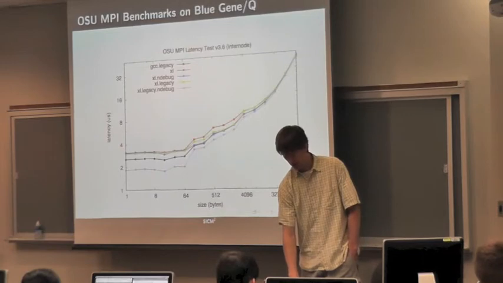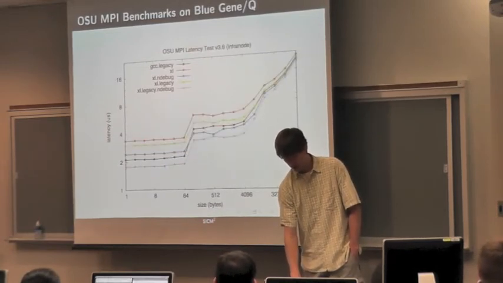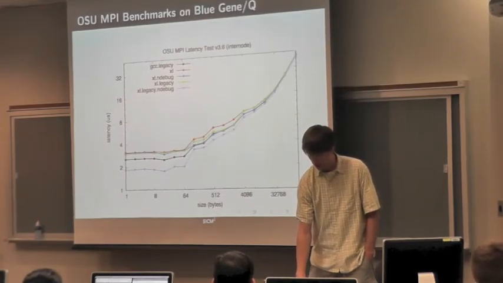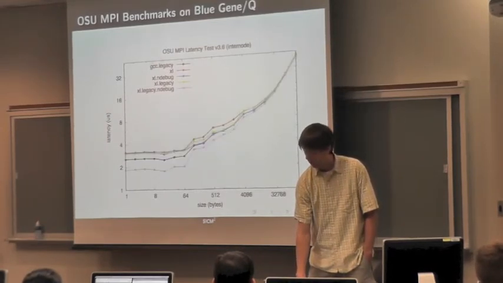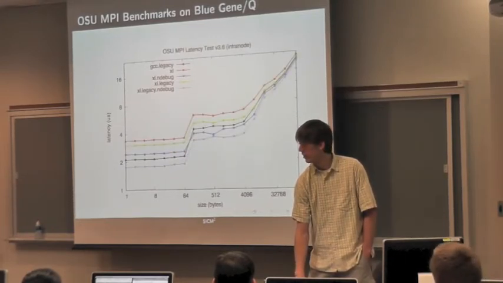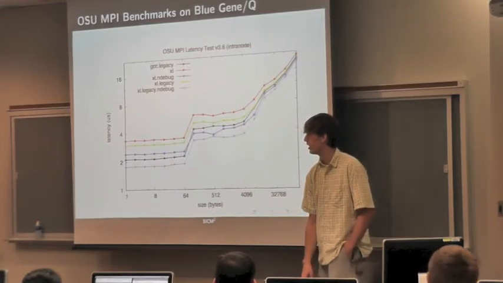So this is internode and this is intranode. And here's what's funny. Watch the lines. The lines go up when I use shared memory. This one is going across the network, and that one is going across the DRAM bus.